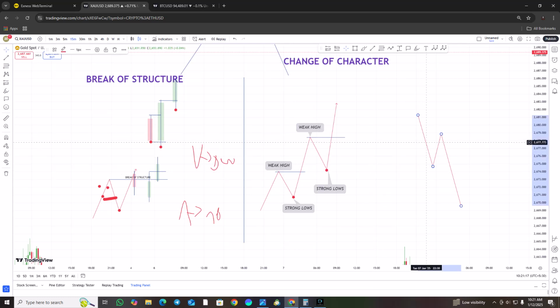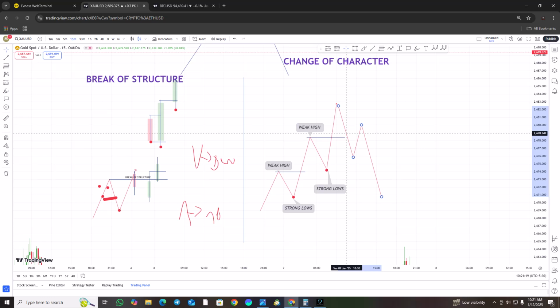So again into the change of character topic. See, the market is moving upside, right? It's very good. The market is moving upside, but the market sometimes tends to reverse, right? It's not always bullish momentum or always bearish momentum. Sometimes the market must go from bullish to bearish or bearish to bullish. In this momentum, that is when change of character occurs.